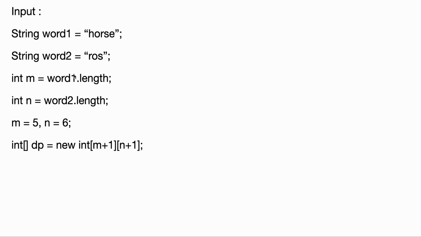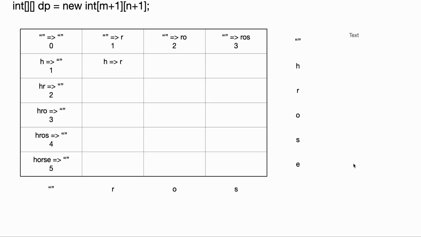First, we initialize two variables m and n, which represent the lengths of word1 and word2 respectively. We create a 2D array dp of size m plus 1 and n plus 1 to store our intermediate results. dp of i and j will represent the minimum number of operations required to convert the first i characters of word1 into the first j characters of word2.